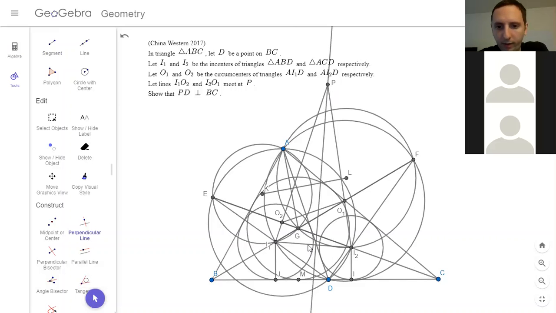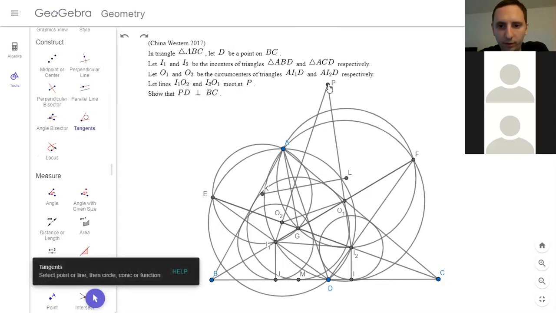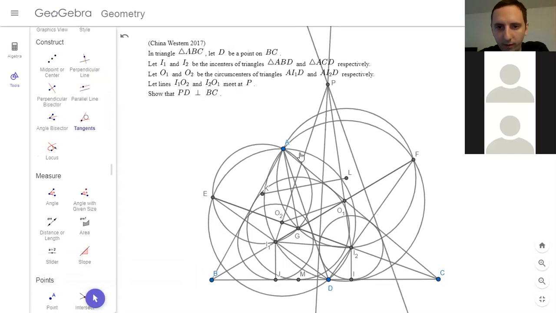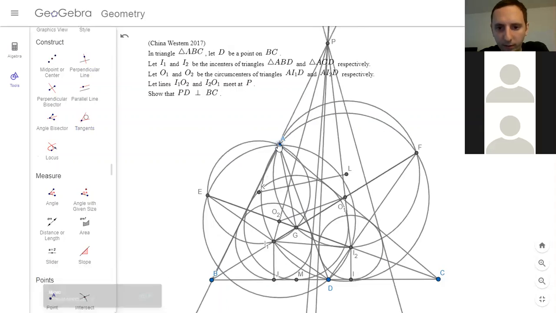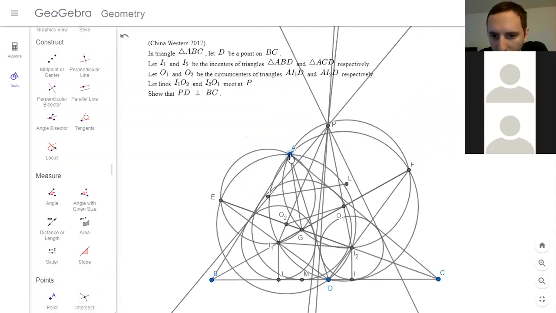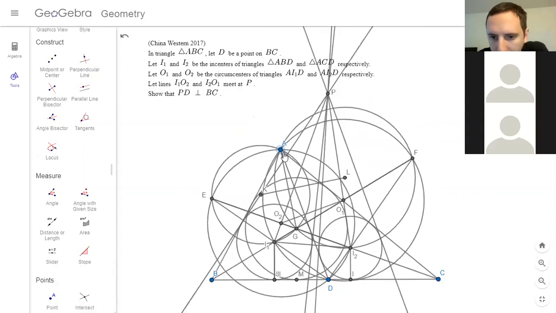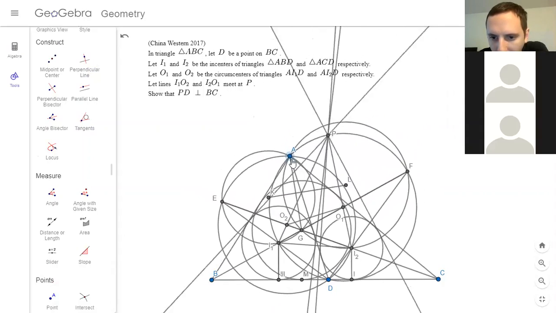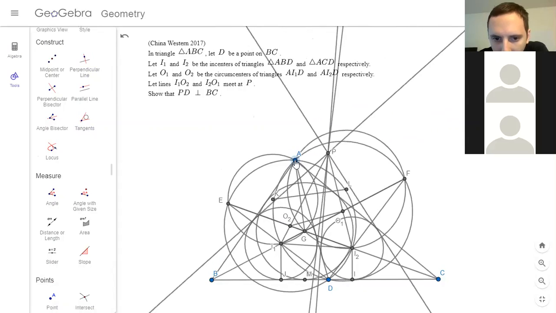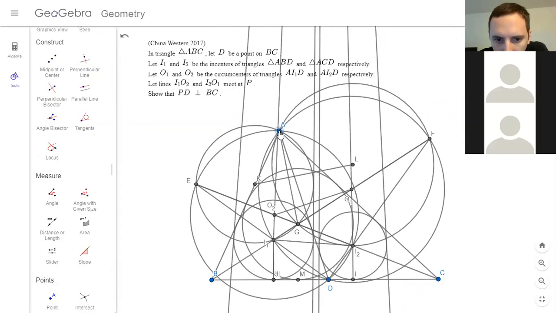I wonder if P lies on the radical axis of I1 and I2. Let's see, I could check that this way. See if the tangents have the same length. This is hard to check. How do I do this?